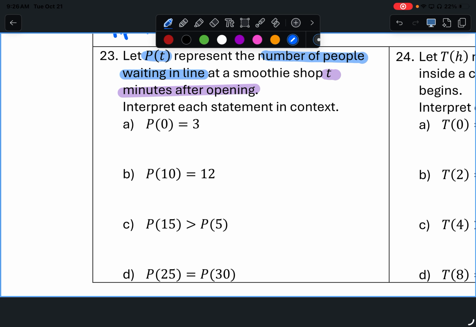So our input is what? Remember, our input is what is in the function. So T minutes. Then our output is P of T. What does P of T represent?